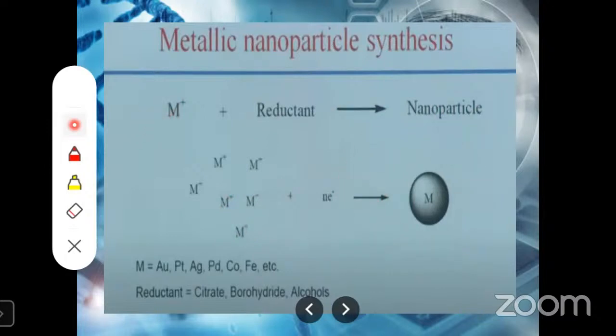Here the metal can be platinum, copper, cobalt, iron, etc. The reactant can be citric acid, alcohol, citrates, borohydrides, etc. You can use any type of reducing agent.